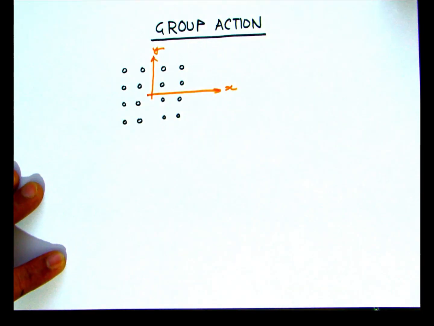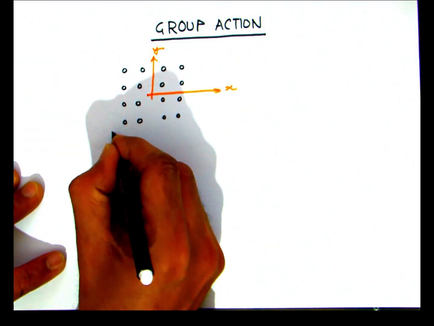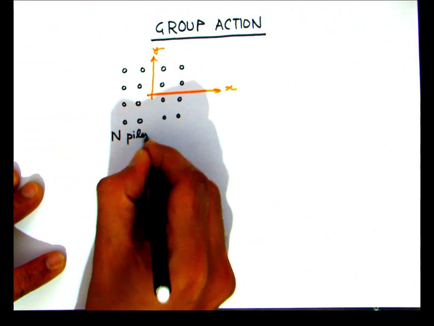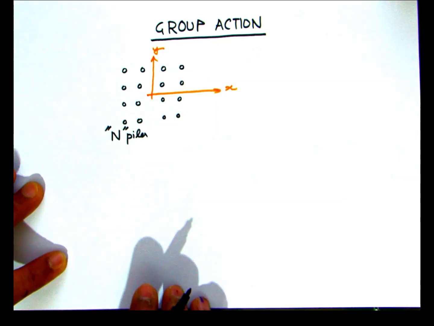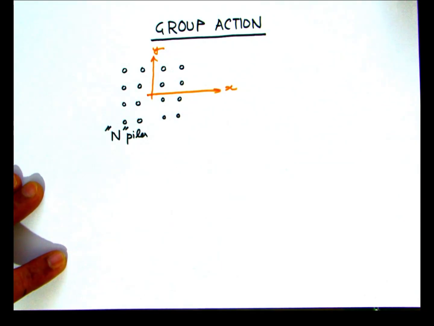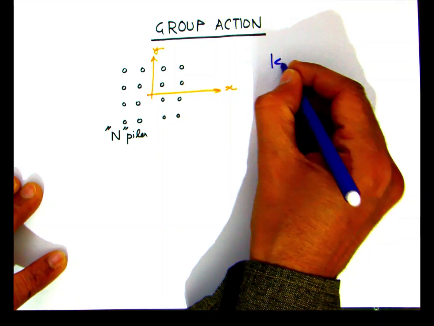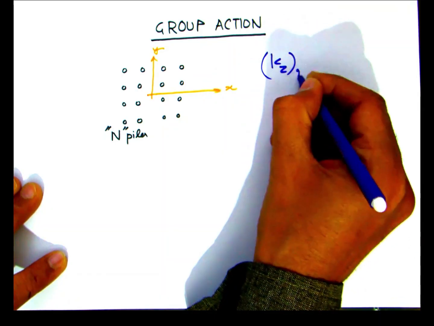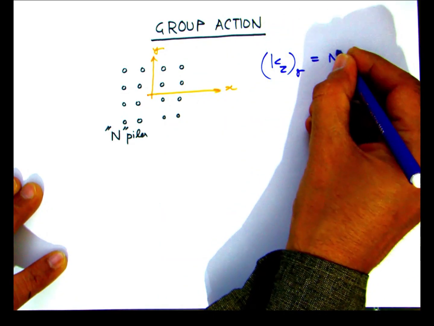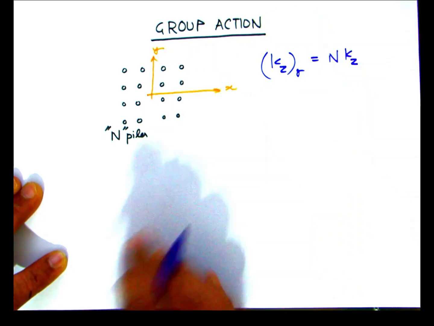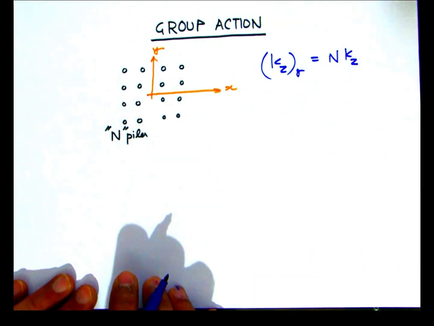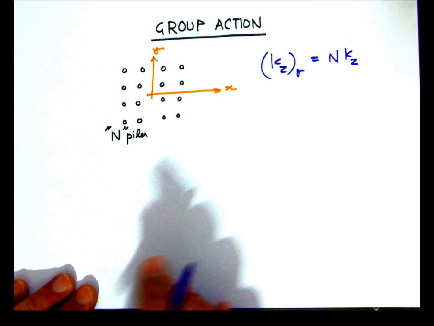If we show here a group of piles with the horizontal axes x and y, and let's say there are n piles, all piles are identical and the group is symmetrical, then the expression for the vertical stiffness of the group will be simply n times the vertical stiffness of an individual pile.